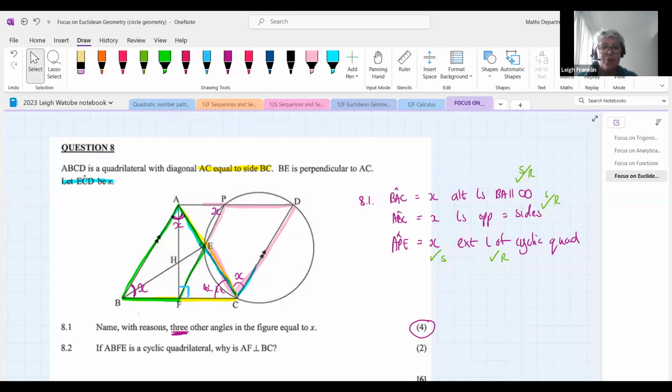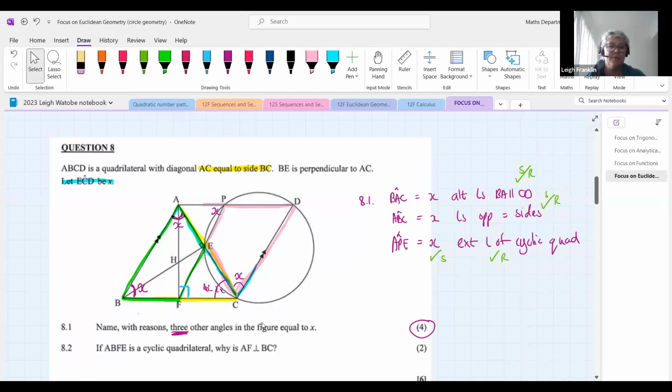So again, have a look at your own diagrams. Can anybody see this? If ABFE is a cyclic quad, why is AF perpendicular to BC?